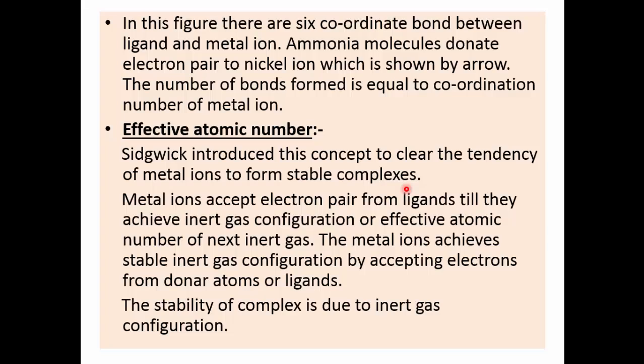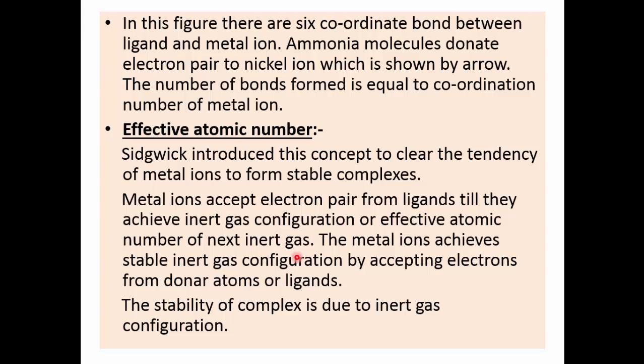But when these stable complexes are formed, according to Sidgwick, metal ions accept electron pairs from ligands till they achieve inert gas configuration or the effective atomic number of the next inert gas.